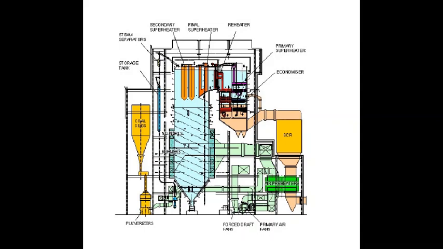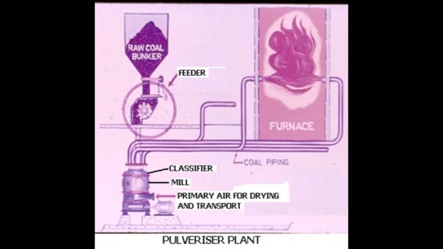A coal mill is equipment which grinds the coal just like fine talcum powder. We are feeding this coal into the coal mill from the raw coal bunker through a coal feeder. A coal feeder is placed between the raw coal bunker and the coal mill, and the amount of coal to be sent to the boiler is determined by this coal feeder.